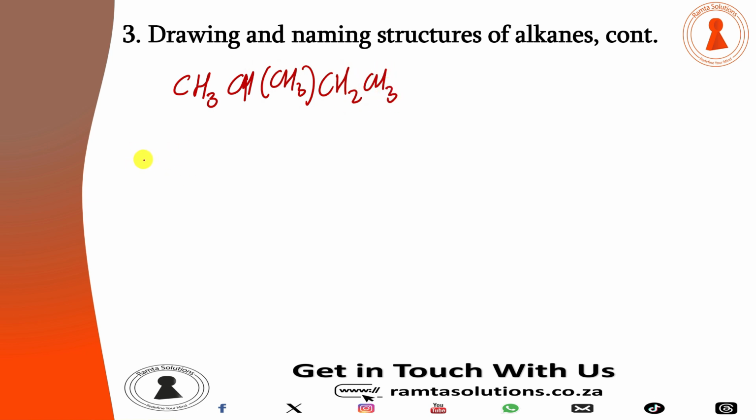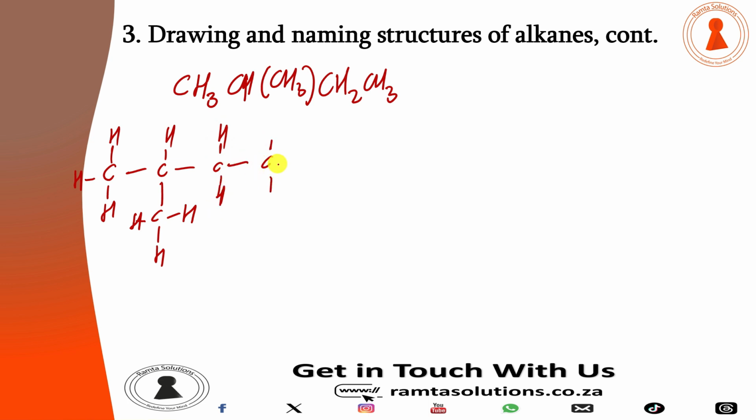I'm going to draw its structural formula. Already we know the name. So this will be first carbon has 3 hydrogens, followed by a carbon with 1 hydrogen and a CH3, followed by a CH2, followed by a CH3.